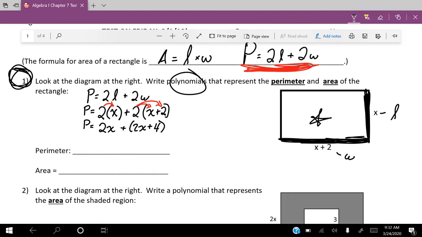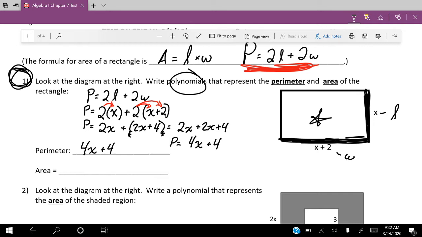These parentheses can go away, so we can rewrite it as simply 2x plus 2x plus 4. A lot of you are already realizing that the two x's can be combined. 2x plus 2x is simply 4x. The 4 gets carried down, and our perimeter is now 4x plus 4.